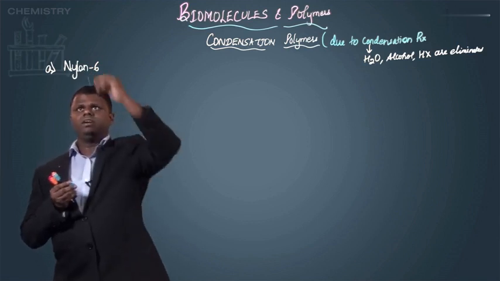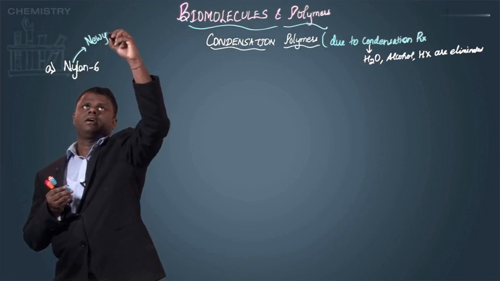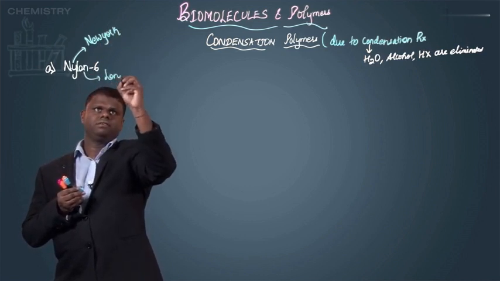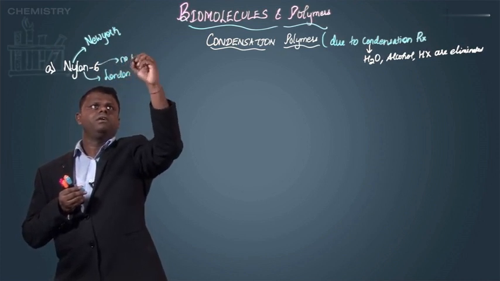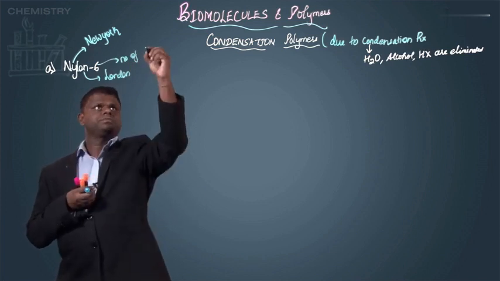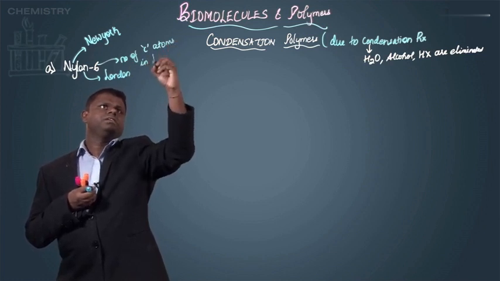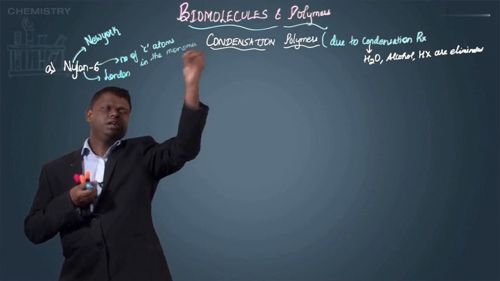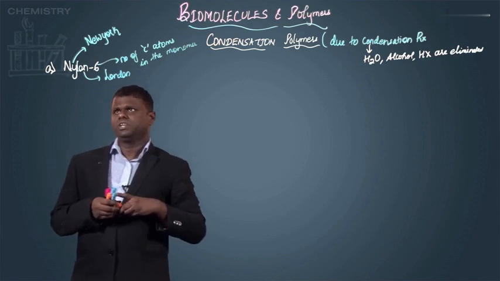In nylon, NY stands for New York, and LON stands for London, and 6 means the number of carbon atoms in the monomer chain.